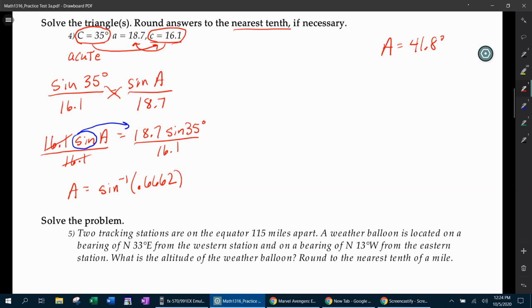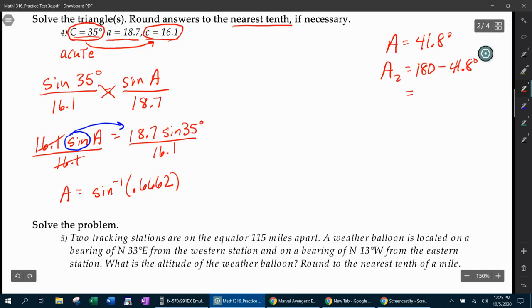So what I mean by opposite side, I mean the side opposite of angle C, which would be little c. If that is less than the other side, then we need to look for 2 sets of answers. So this problem does meet the criteria for the ambiguous case, and that means that I need to look for a second angle A. Now, if there is a second angle A, it's going to be 180 minus the first angle A. All right, so let's see what that is.